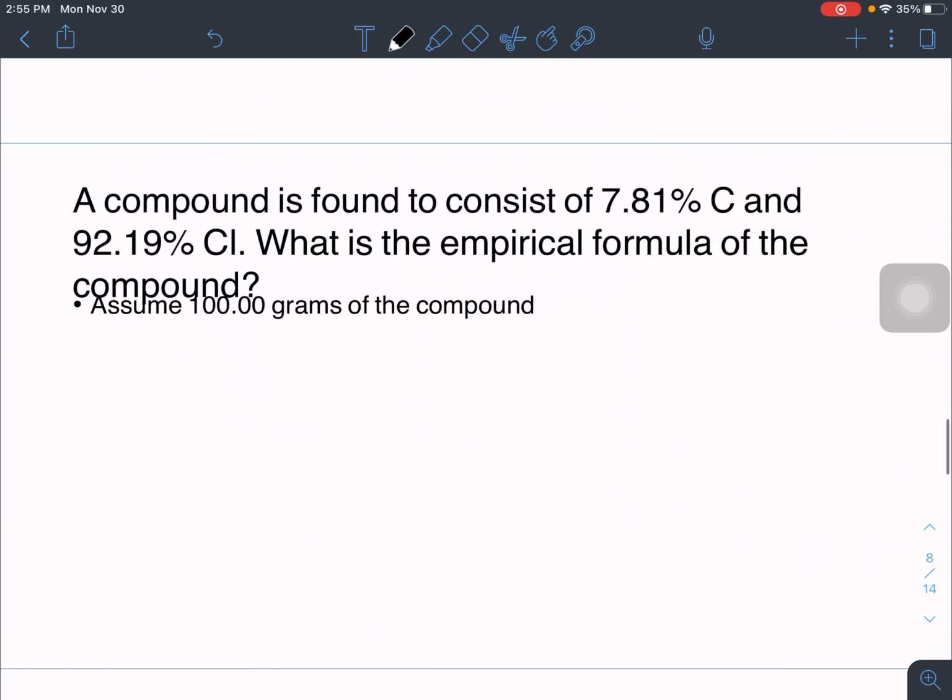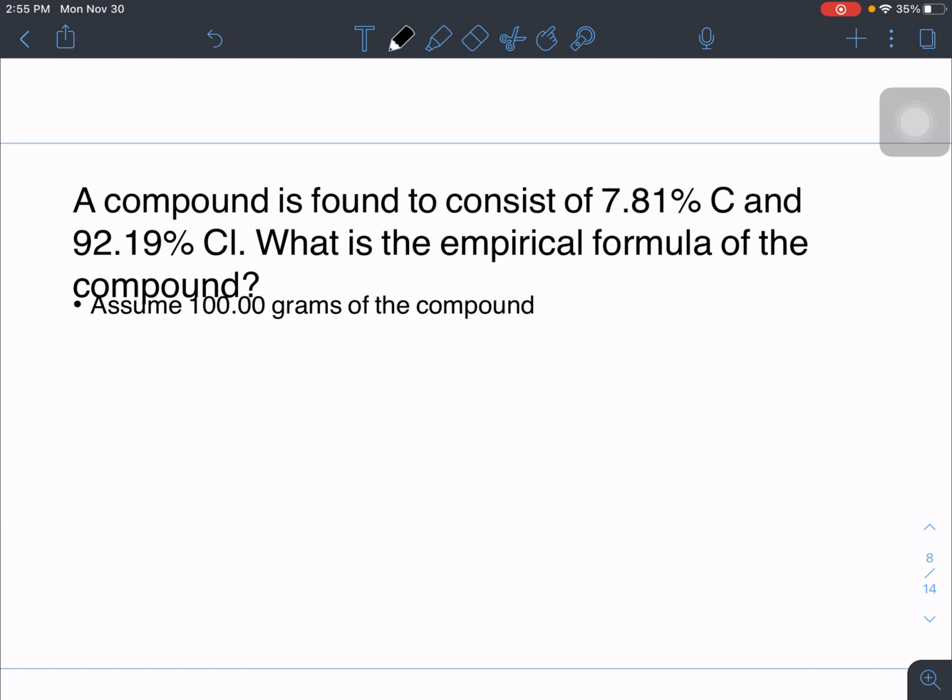The first step is to assume 100 grams if there is no total mass given. Since we have their percentage composition, it would be convenient for us to assume the mass of the compound to be 100 grams. So we just need to replace the percentage unit with the gram unit.